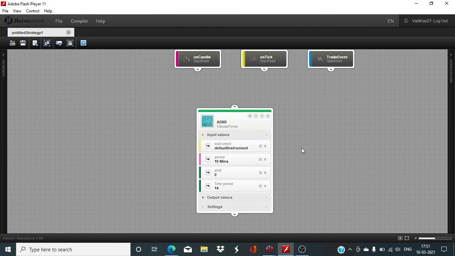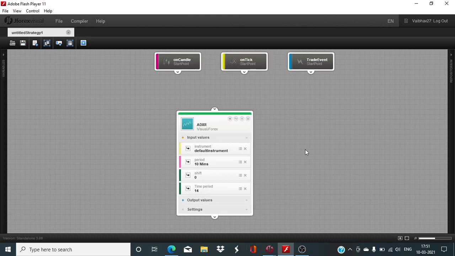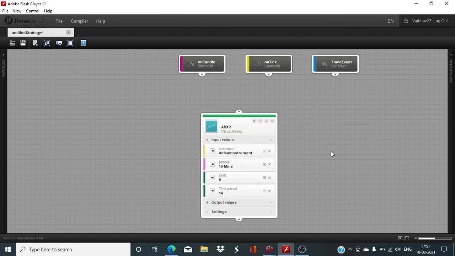I had also done the introductory session on this indicator during the preliminary series, where we were looking into the technical aspects of the indicator and how it is calculated.